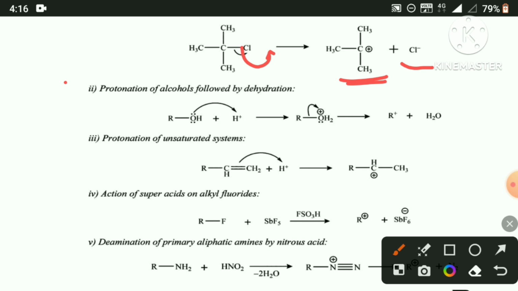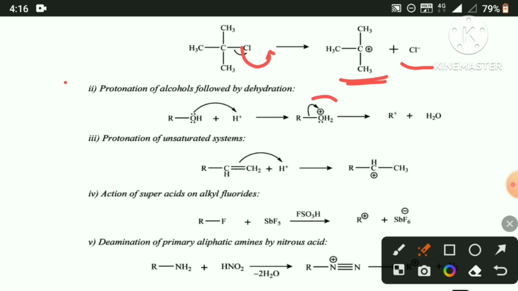And then the second reaction, protonation of alcohol followed by dehydration. During the protonation, the hydroxyl group of the alcohol bonds with H plus to form OH2 plus.